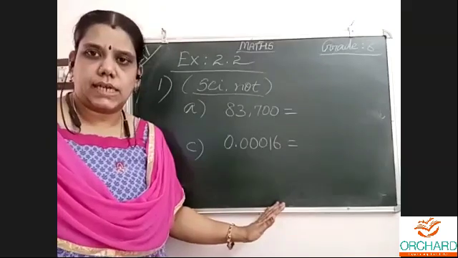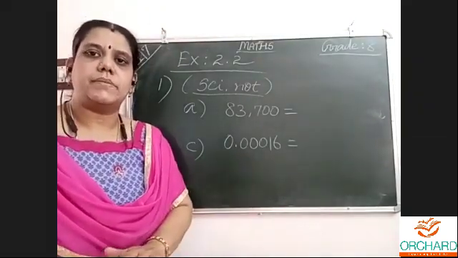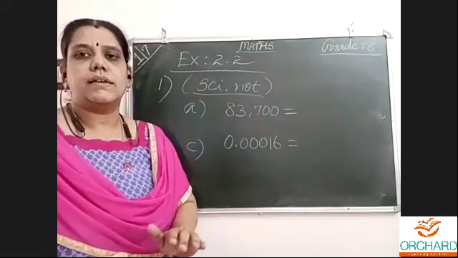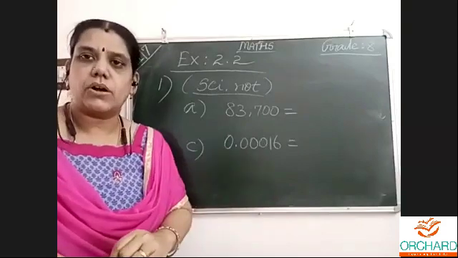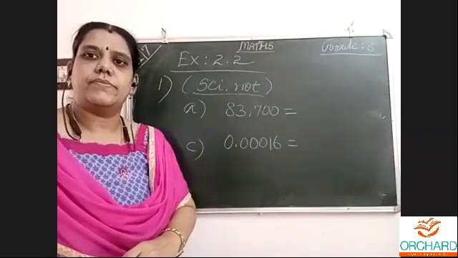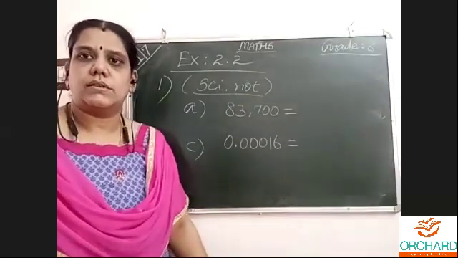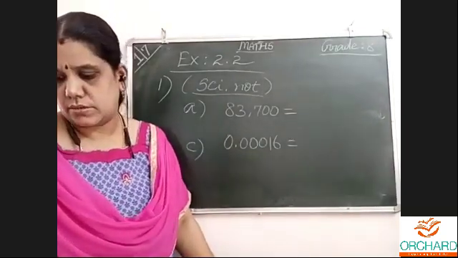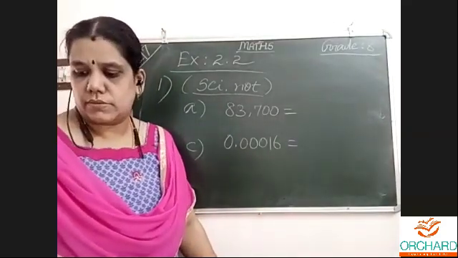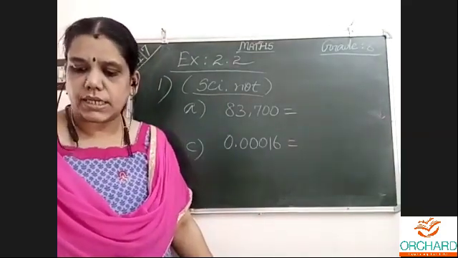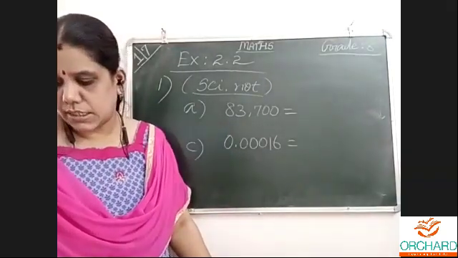For that reason only I have sent the material. You go through the entire material nicely, and we will have a class test. You keep your video on and show me. It will be interesting also. Small questions, all easy only. Let us keep both the first chapter and second chapter together. The first chapter is rational numbers, the second chapter is powers and exponents. So both the chapters together.